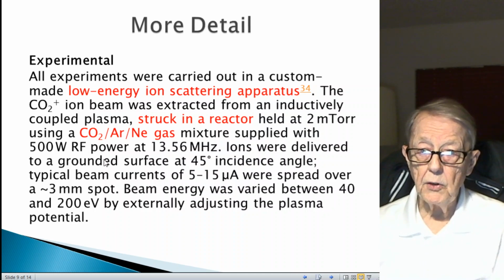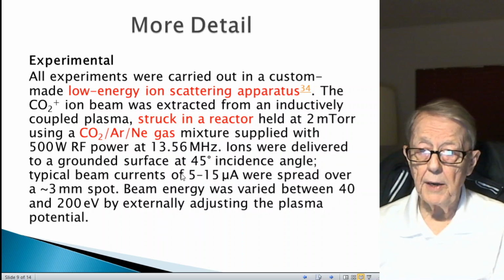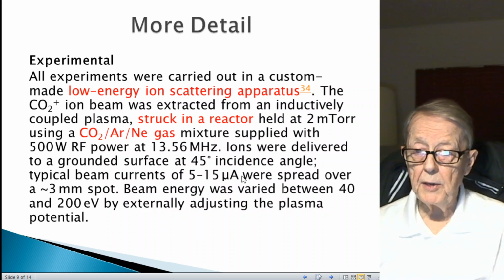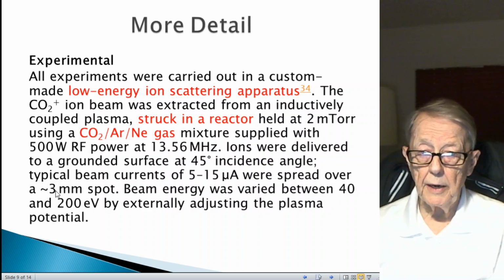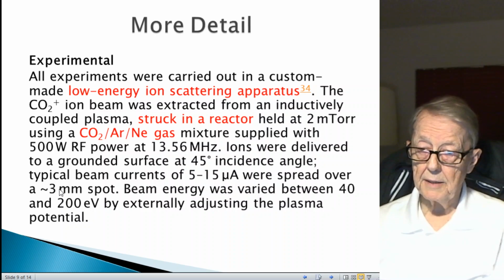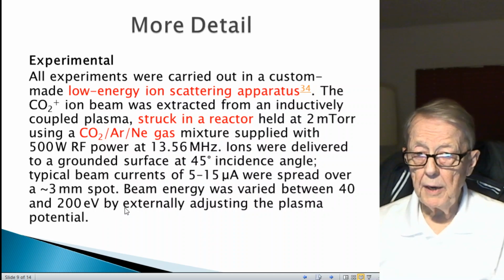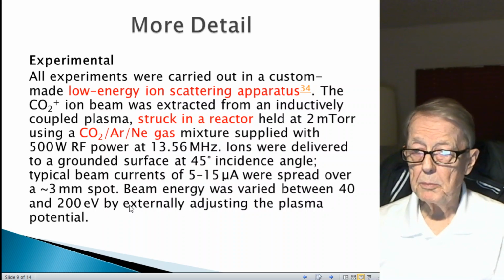Ions were delivered to a grounded gold surface at 45-degree incident angle. Typical beam currents, how they measure this and do all that, I have no idea, of 5 to 15 microamps were spread over a 3 millimeter linear spot. The beam energy was varied between 40 and 200 electron volts by externally adjusting the plasma potential.